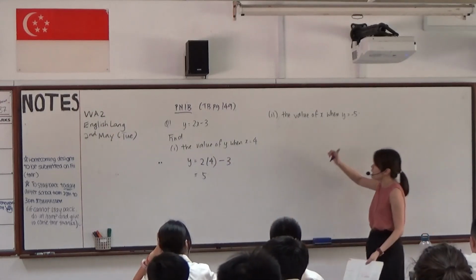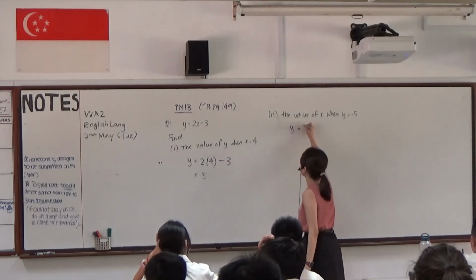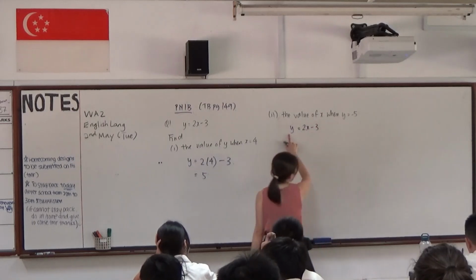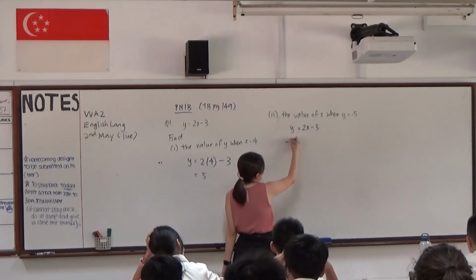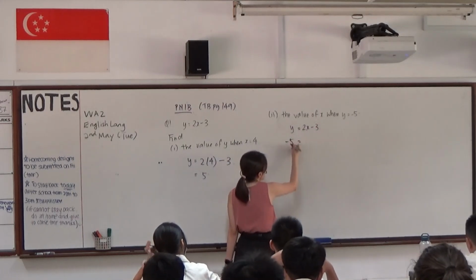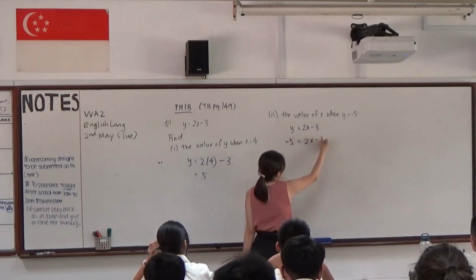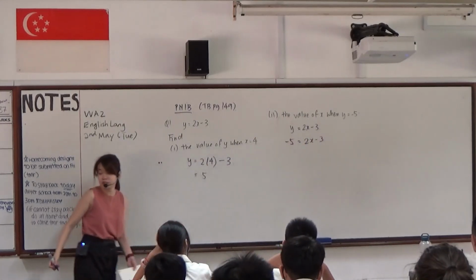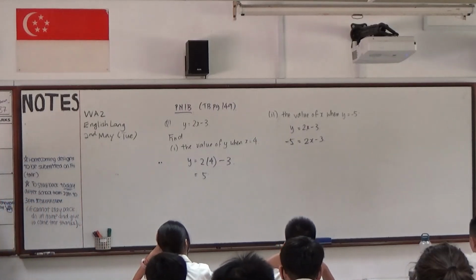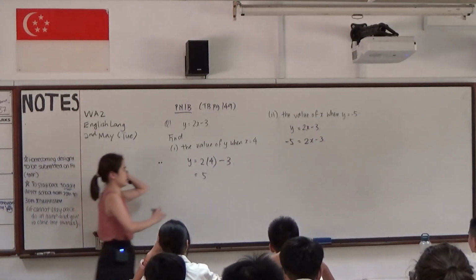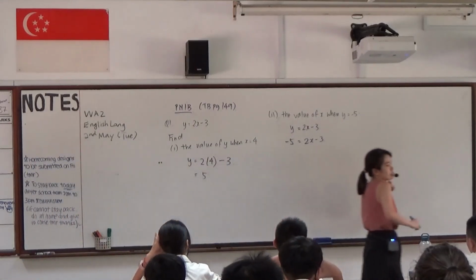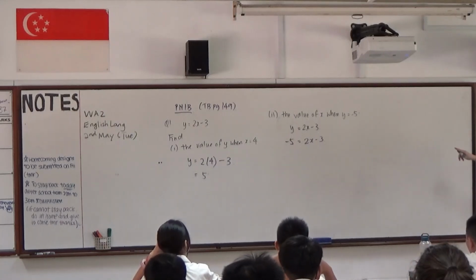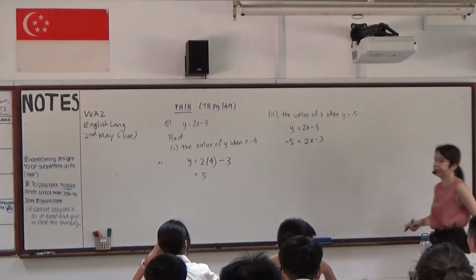So we apply the formula differently. With this formula, instead of y, change it into -5, and then 2x minus 3. Then we have to solve this equation in order to determine the value of x. Lina, I want you to answer what is the next step.